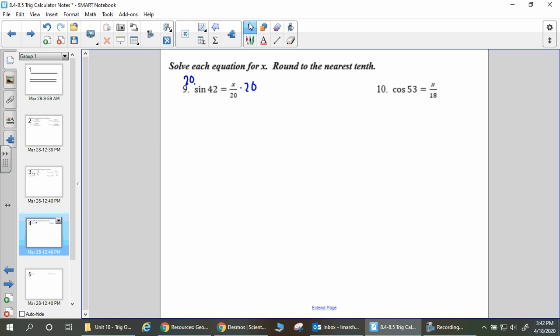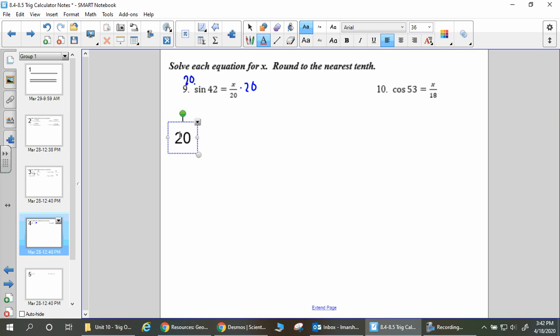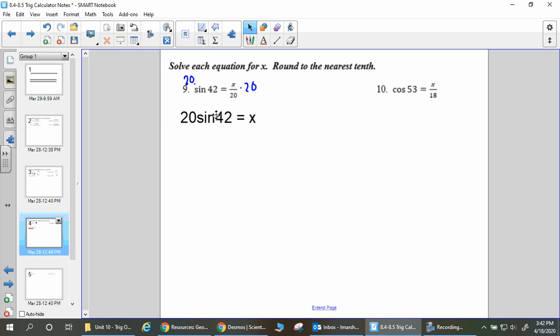Now, what happens when I do that is I'm going to have 20 times the sine of 42 equal to x. So the 20 goes in front. The sine 42 is connected. You can't separate them. I'm not actually taking 20 times 42 at this point. But what I have now is something equal to x, and that something is something I can put into my calculator.